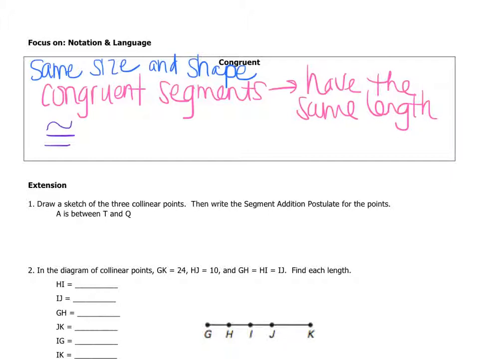Okay, and I did kind of talk about this a little bit up on the board, but I want to talk about this one more time. We say that segments are congruent, meaning we would say that segment AB is congruent to segment CD.